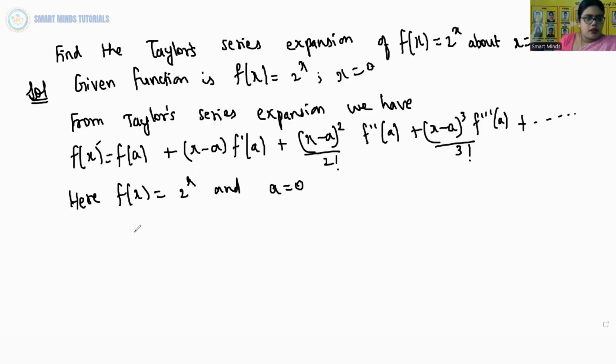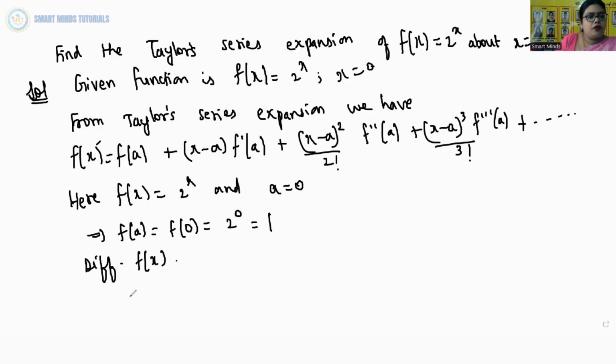Okay. So which implies if I put x is equal to a, I will get f of a equals f of 0. That is equal to 2 power 0, which is equal to 1. Because a value is 0 given, right? Now if you differentiate f of x, what do you get?